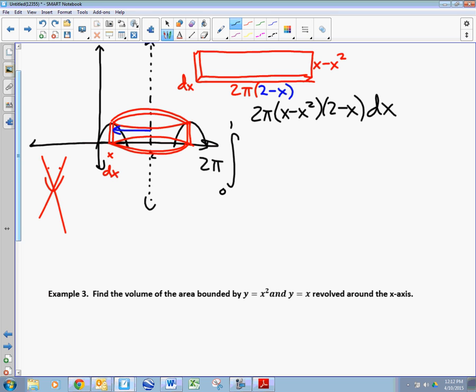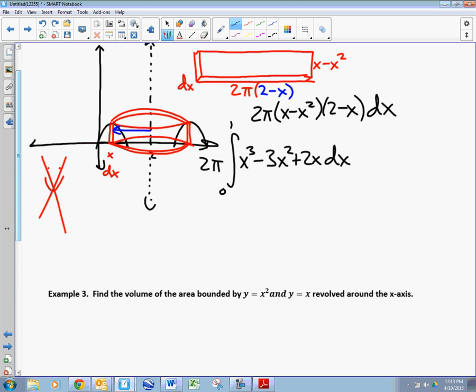Good. Let's distribute negative x squared times negative x. X to the third. I have a negative 2x squared, and a negative x squared makes negative 3x squared. And I have 2 times positive x is 2x dx.